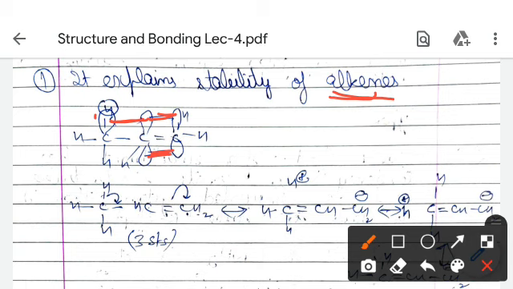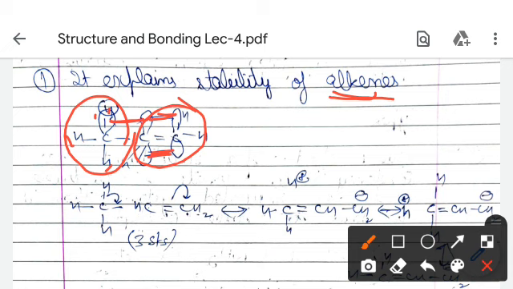In this we now see that this is our system in which a carbon-carbon double bond is present. So this adjacent group is CH3. CH3 has 3 hydrogens, 1, 2, 3. These 3 hydrogens can form a bond in 3 different ways.